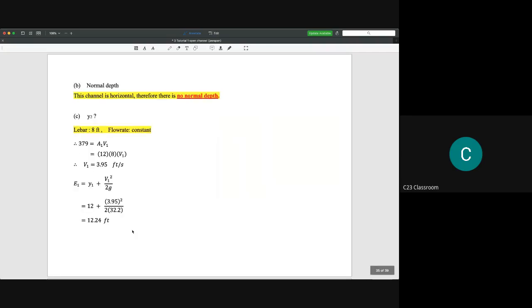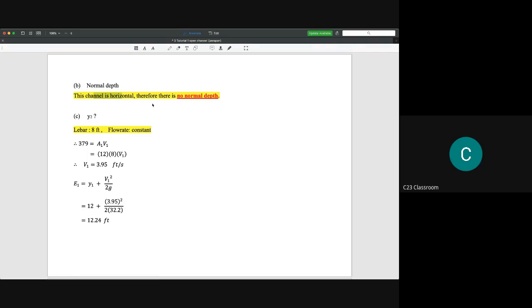This is just a trick question. If somebody asks what the normal depth is, normally in a horizontal channel there is no normal depth. They just use the depth of the water. The normal depth actually occurs when we have a slope.